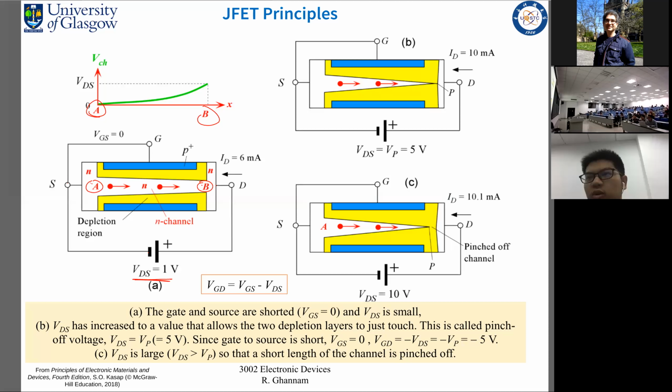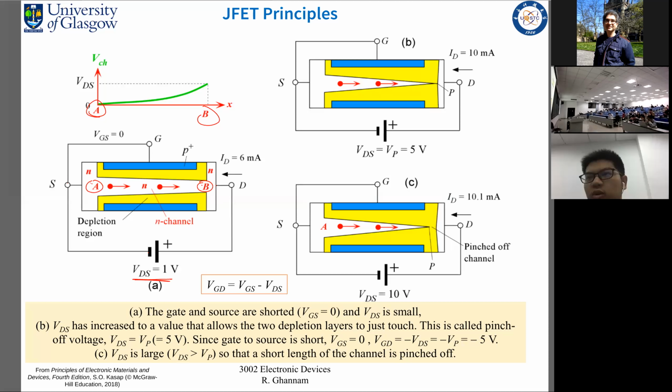So whatever voltage we apply, this point here is going to have that voltage, and this point is going to have a voltage of 0. In between these two points, there is a variation in the channel voltage. And it's not going to be a linear relationship, because we have a material which also behaves in a nonlinear fashion.